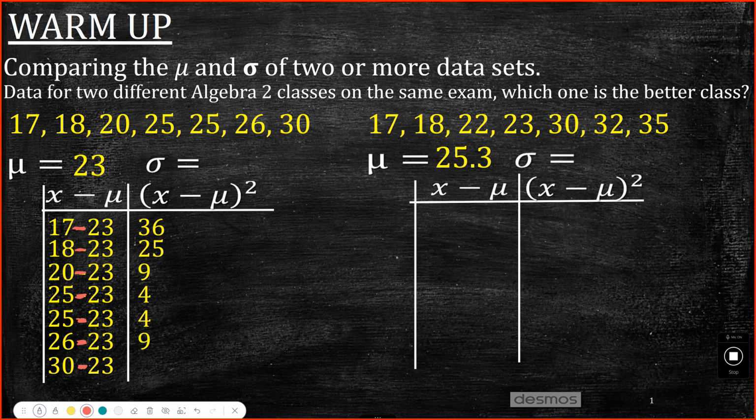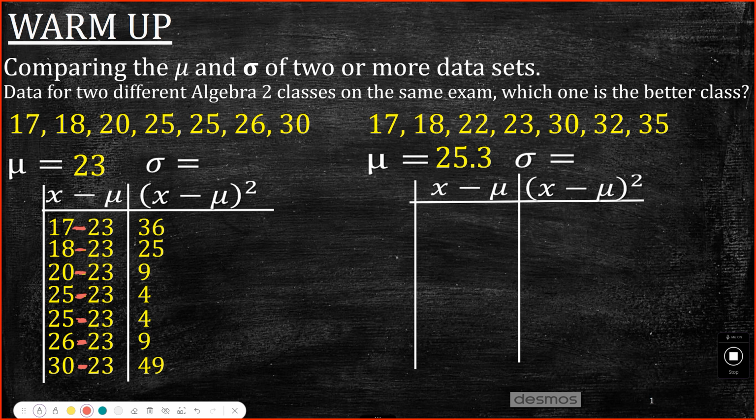Jennifer, next. Loud. You got a calculator? No? 49.